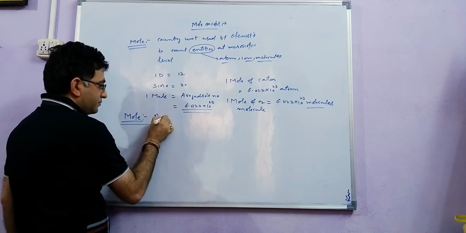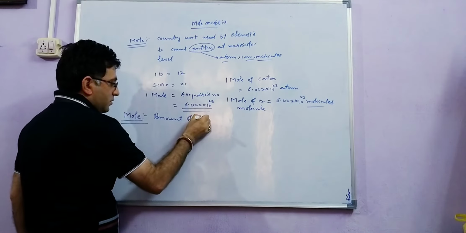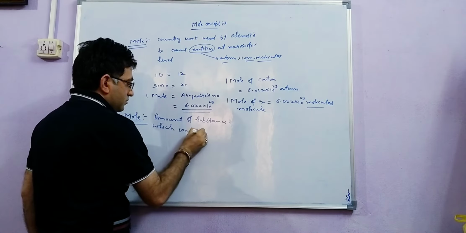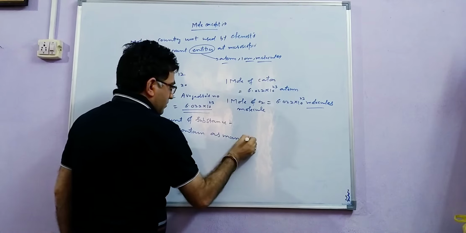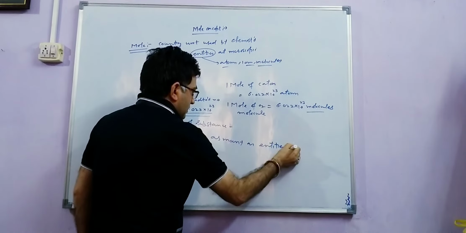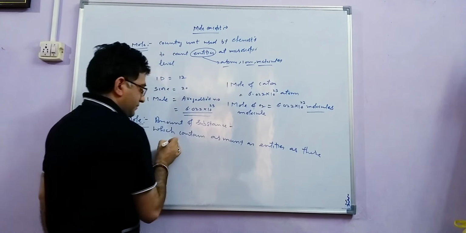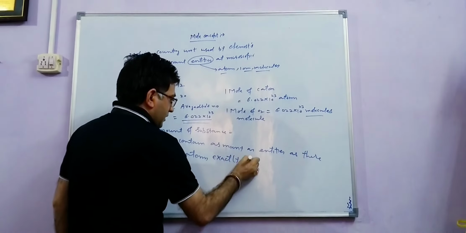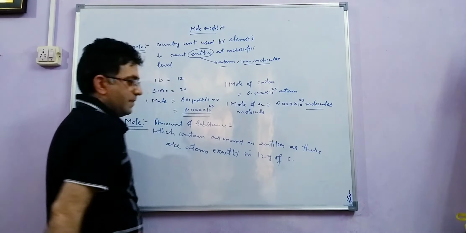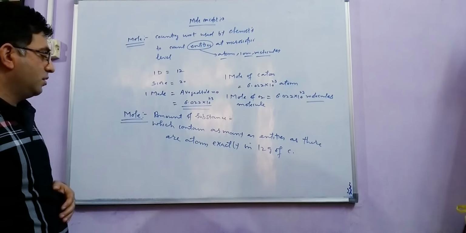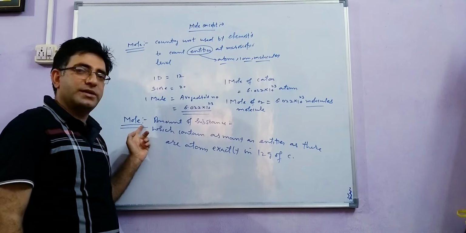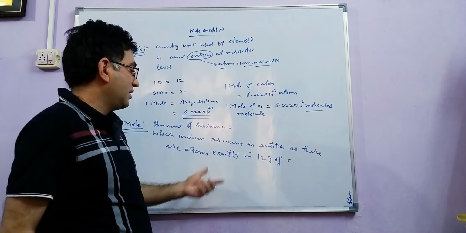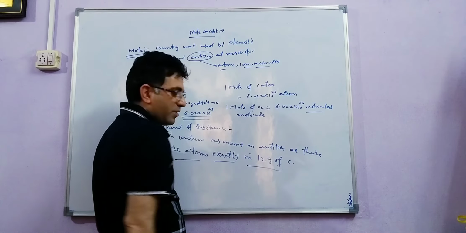Mole is defined as the amount of substance which contains as many entities as there are atoms exactly in 12 gram of carbon.